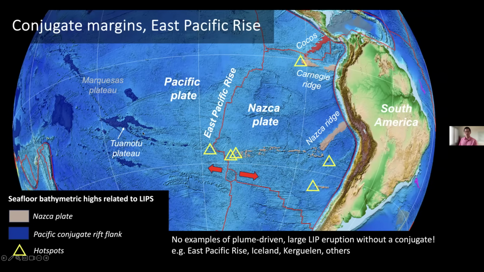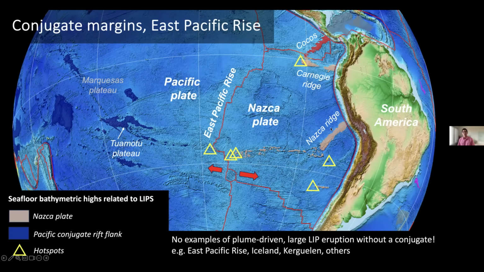And here in this example, we can see where we have this Easter Island hotspot, that we have a conjugate on both sides. Now they don't look exactly the same, but what we don't see is a hotspot track on one side and nothing on the other side.